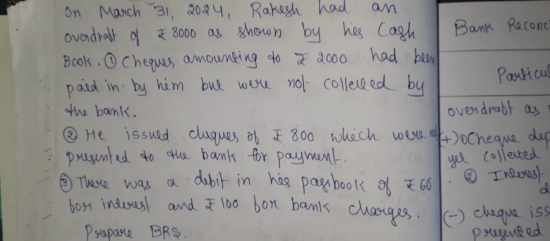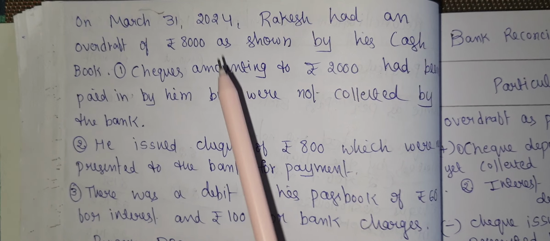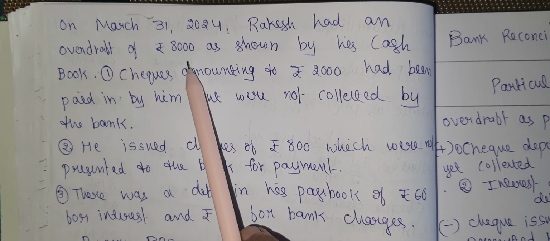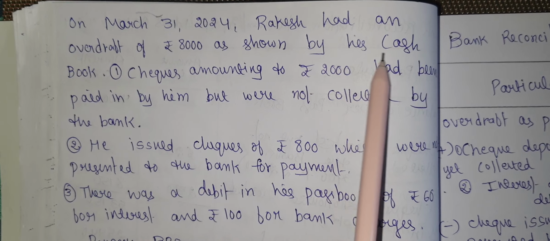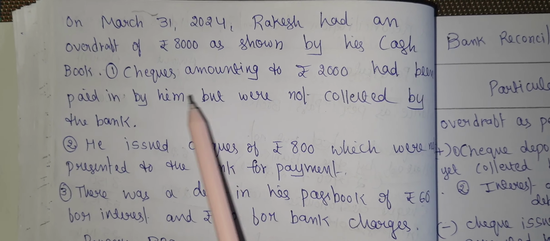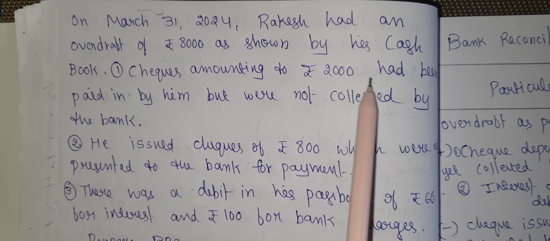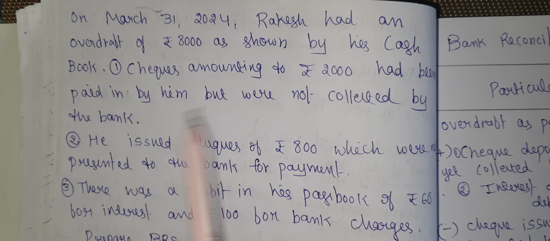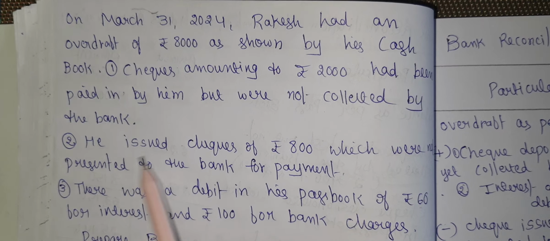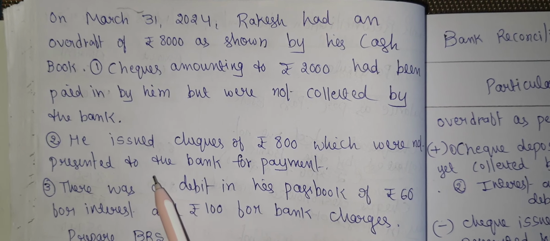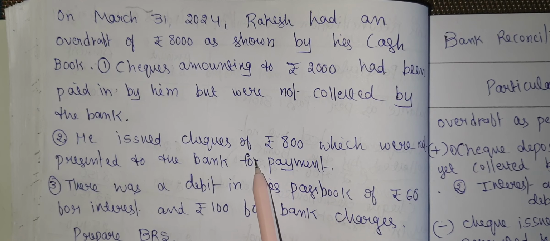On March 31st, 2024, Rakesh had an overdraft of rupees 8,000 as shown by his cash book. Next, checks amounting to rupees 2,000 had been paid in by him but were not collected by the bank. Second, he issued checks of rupees 800 which were not presented to the bank for payment.